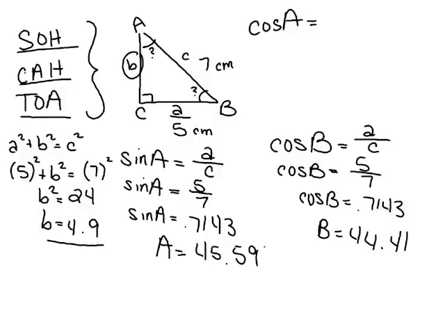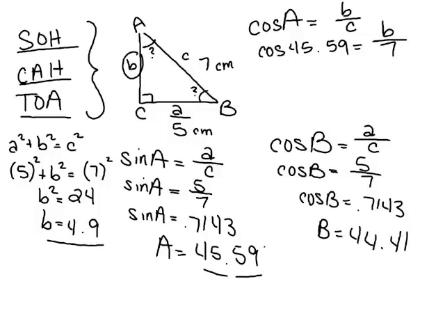So if I do the cosine of angle A, is the adjacent side over the hypotenuse. Okay. So let's use 45.59 as our A value. Cosine 45.59 equals the little b side, which I'm trying to verify, over the c side, 7.